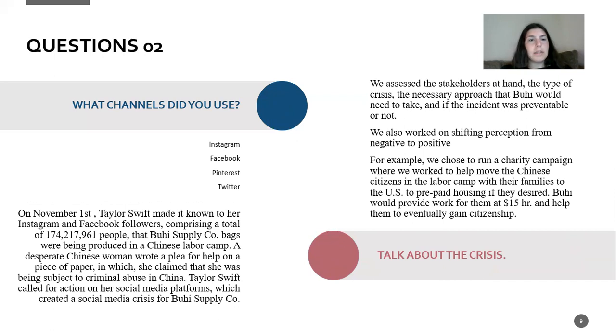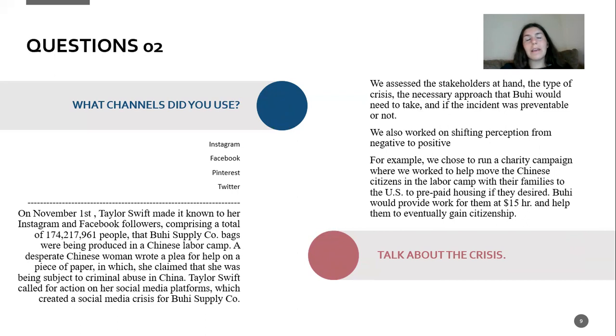And Taylor Swift presented the crisis to us. She found a note in her bag, and it was from a Bowie bag that she had bought, and it was from a Chinese woman at a labor camp who was pleading for help. It essentially seemed as if she was trapped in this area. It was unsafe conditions.